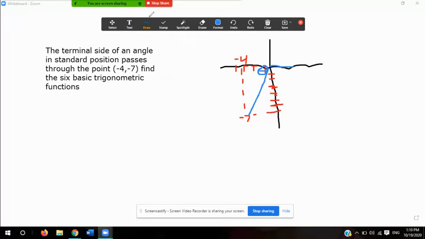And we're going to use the formulas to calculate the value, the distance. So we're going to say r equals, in this case, the square root of negative 4 squared plus negative 7 squared.